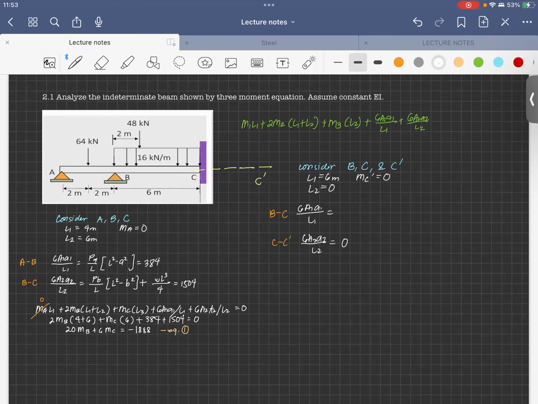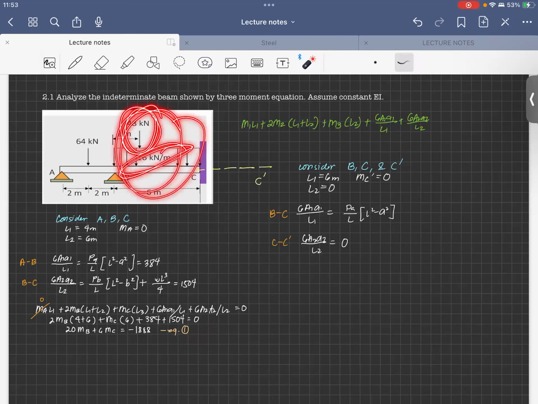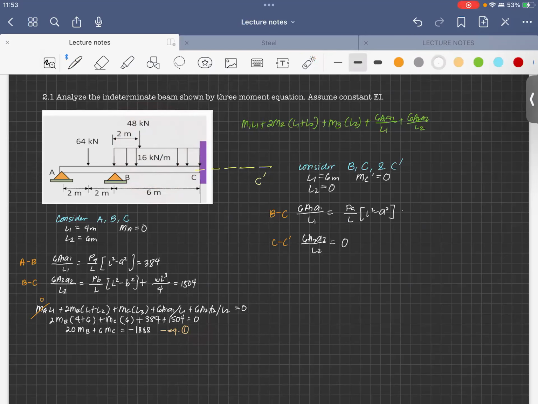So 6A1, A1 over L1. So let's just write PA over L times L squared minus A squared. Again, segment B to C, we have 2 loads here, the concentrated load and the uniform load. So you have there the concentrated load plus the uniform load WL cubed over 4.